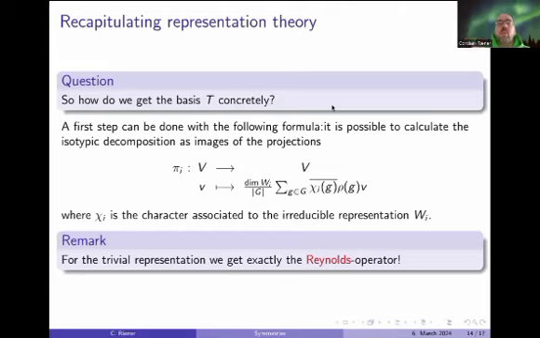So the theory tells you that you expect a diagonal matrix with just one-by-one blocks on the diagonal, and you can get this with this decomposition into isotypic parts. So this is how you can, by using this formula, compute this matrix T that I had.